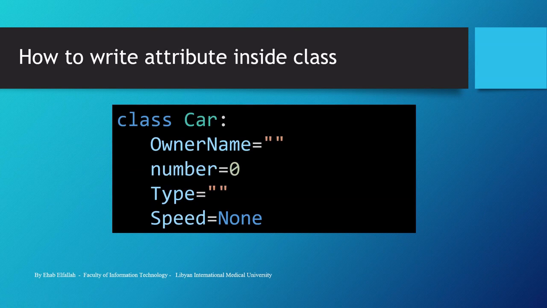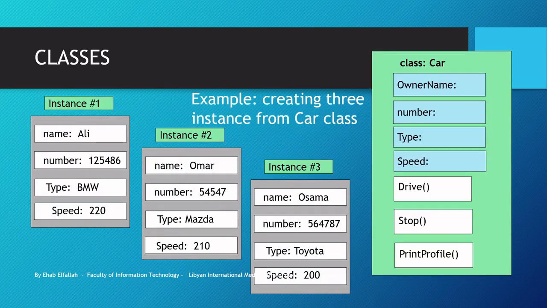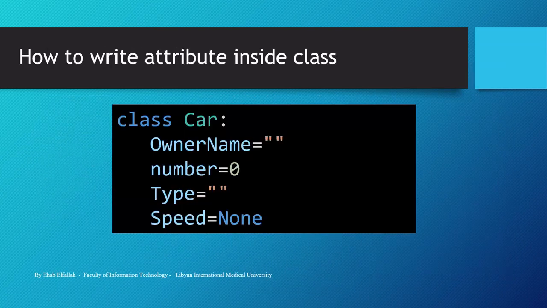Usually we define variables as we want. For example, in the previous example we have the class car with 4 attributes: owner name, number, type, and speed. When you define the attributes, you can just assign a default value. For example, owner name must be a string, so we use quotation marks and insert the string here, or we can make it None.